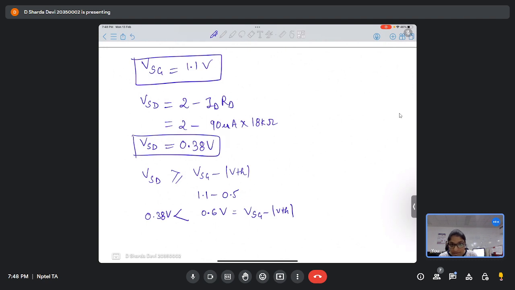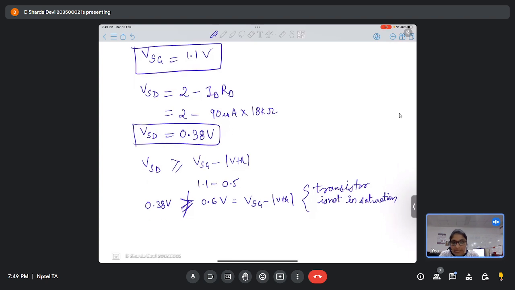So the condition VSD greater than or equal to 0.6 volts is not satisfied. This shows the transistor is not in saturation. We are basically cross-checking our assumption, and it turns out our assumption is wrong.